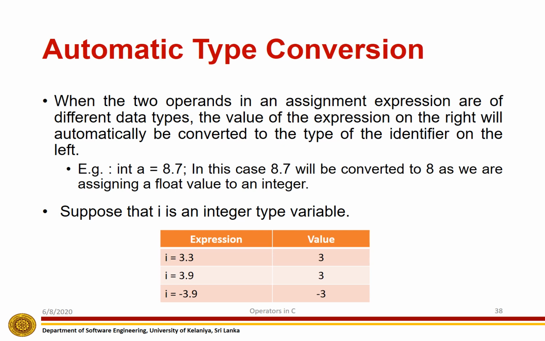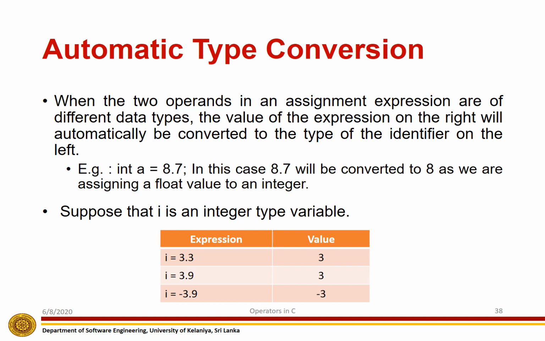Next, suppose that i is an integer type variable. In the first one, i = 3.3. 3.3 is a float value and i is an integer, so it will convert it to 3. The second one, 3.9, is also a float value and i is an integer, so it is also converted to 3.